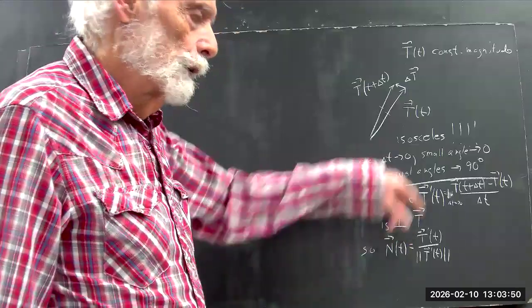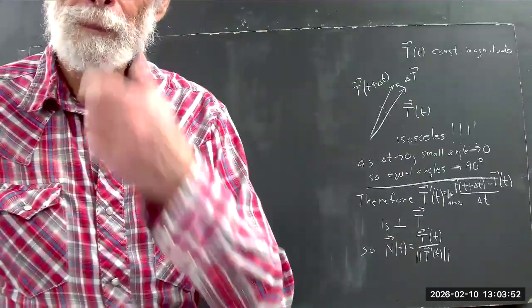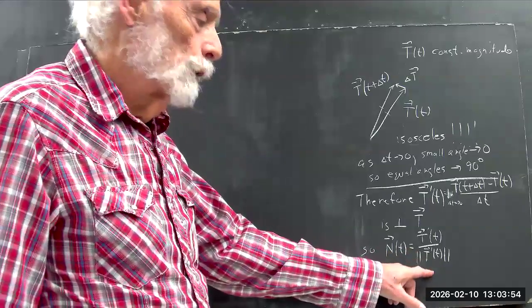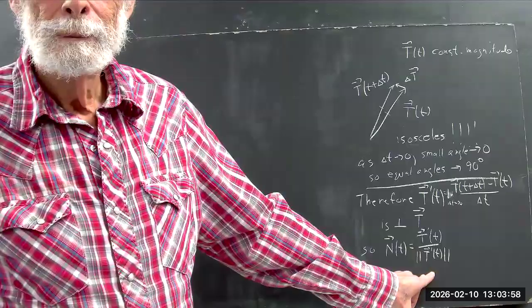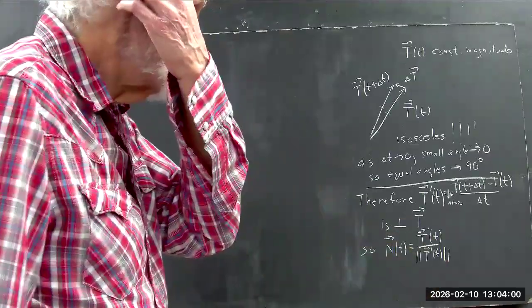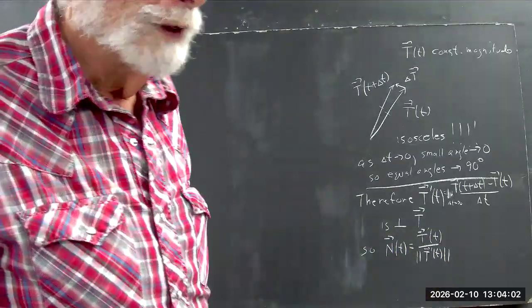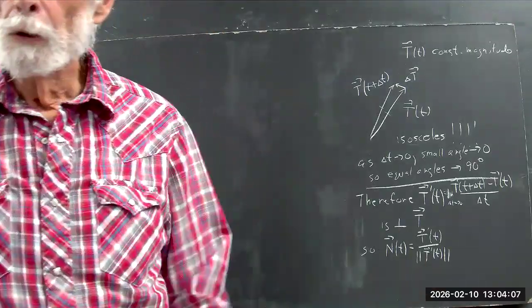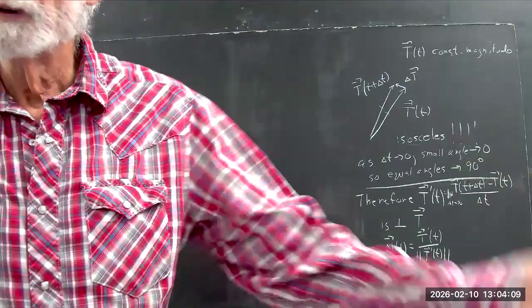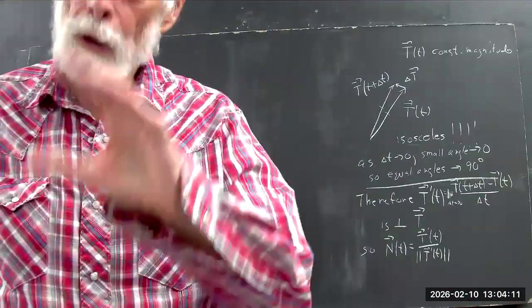is just the derivative of the unit tangent vector corrected for the magnitude of the derivative. Now, I showed you last time how you can use the acceleration vector and take the parallel component of the acceleration vector, just dot it with the unit tangent vector, which you know how to calculate.